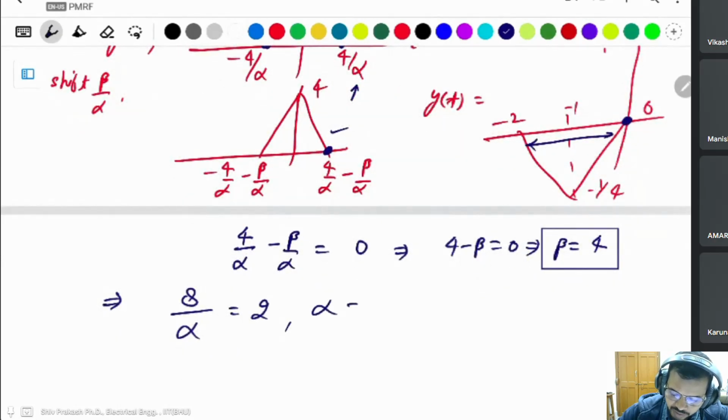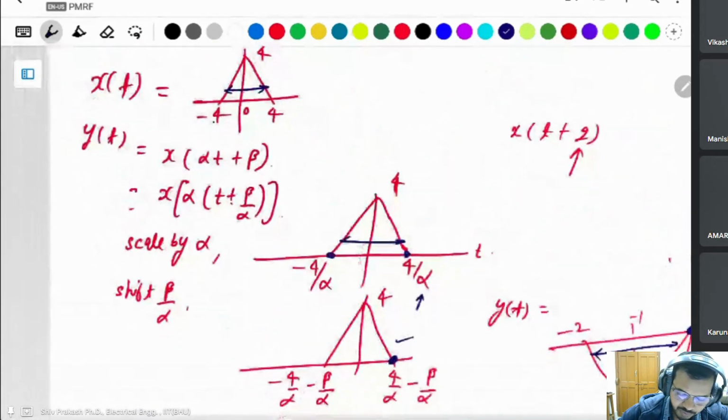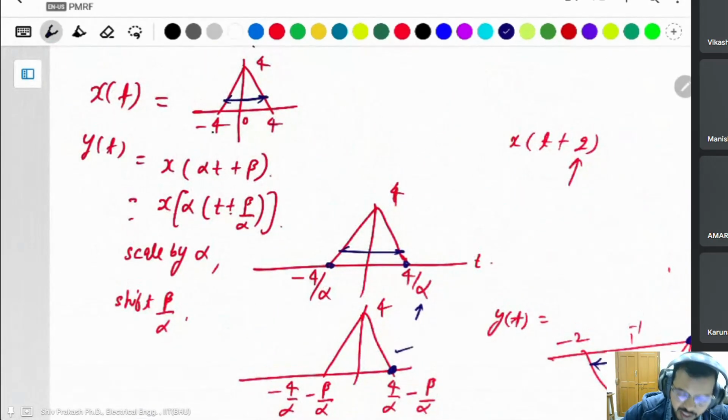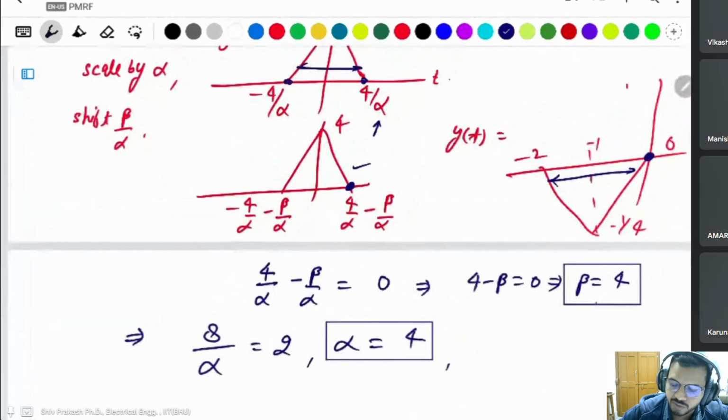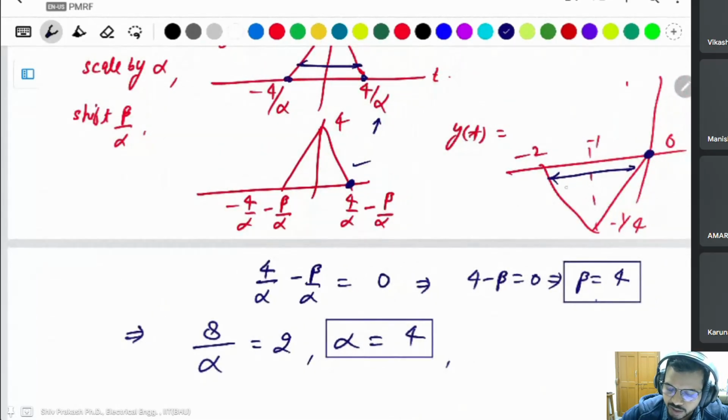Then alpha is equal to 4. You can observe that the width scaling property applies only to the width of this signal. The total width is 4 here, 4 here, total 8. If you scale by alpha, then divide by alpha: 8 divided by alpha. The output signal width is 2 only. That's why 8 by alpha is equal to 2, so alpha is equal to 4.